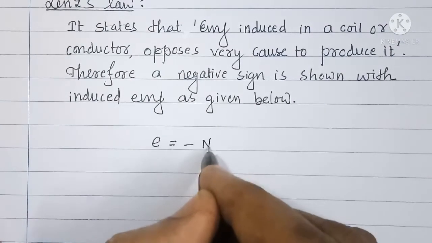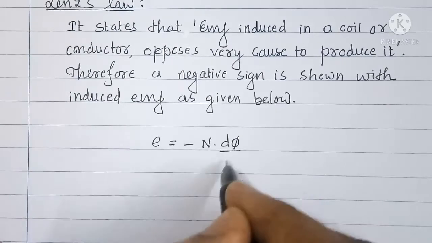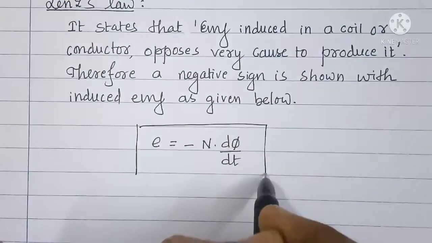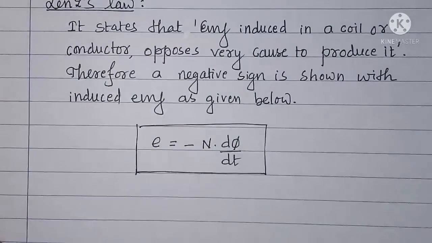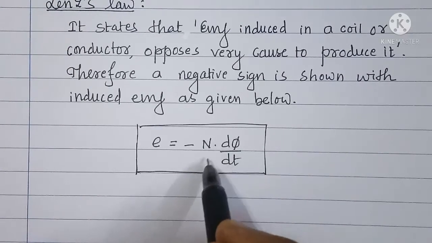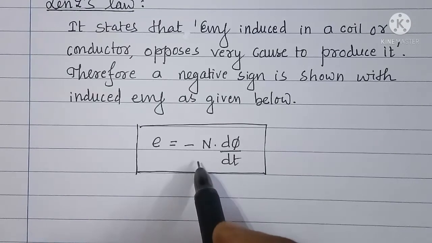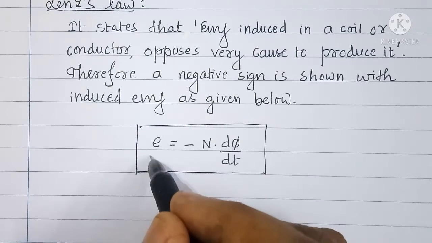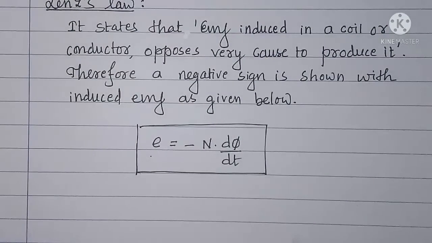E is equal to minus n into d phi by dt. So this minus sign tells us that this induced EMF opposes the very cause to produce it. The very cause to produce induced EMF is the change in flux linking the conductor or a coil. Therefore, induced EMF will oppose the change in the flux.